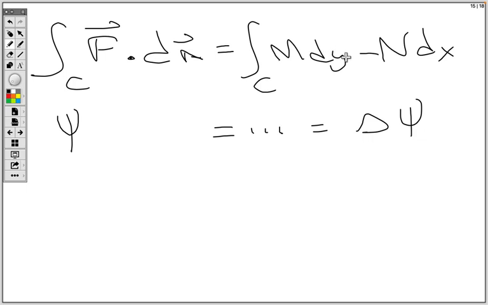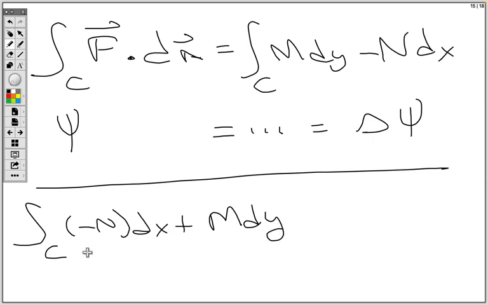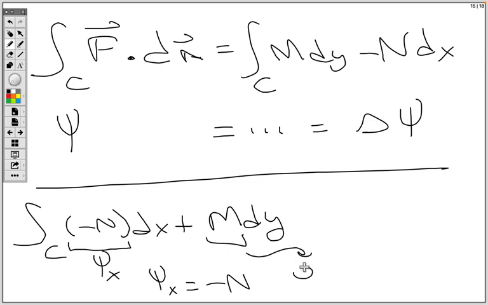All right, so for that to happen, what do we have to do? Well, let's rewrite this. We'll put the x part first: minus n dx plus m dy. So this would have to be psi x. So psi x would be minus n, and psi y would have to be m.